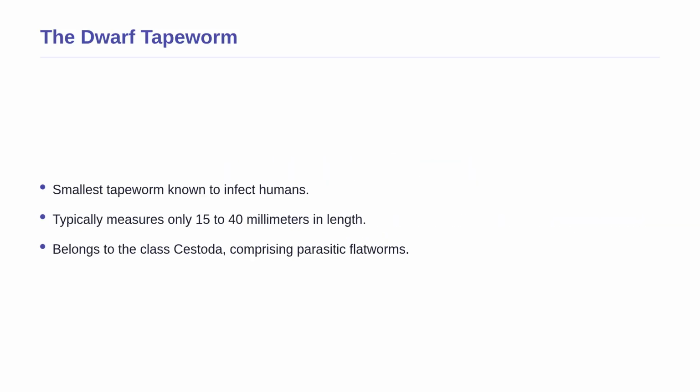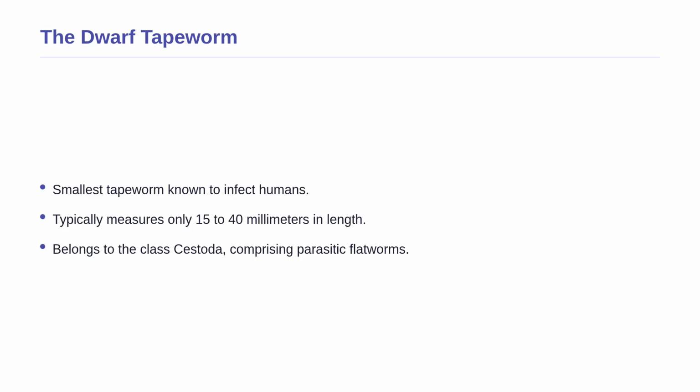To begin our journey, let us meet the parasite itself. Hymenolepis nana is commonly referred to as the dwarf tapeworm because it is the absolute smallest tapeworm that infects humans. While other tapeworms can grow to be several meters long, this particular species typically measures only 15 to 40 millimeters in length.